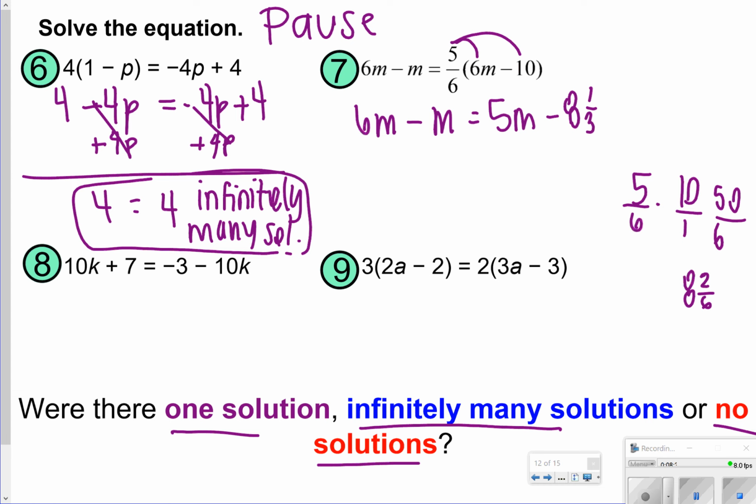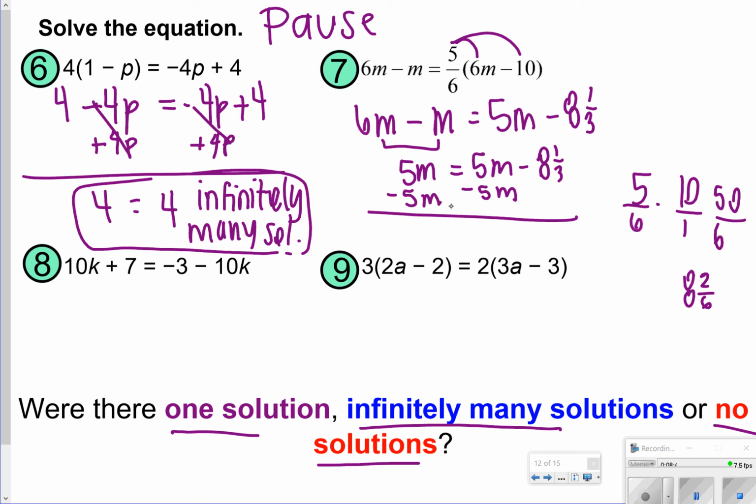Then I can subtract over here, 6m minus m, that's going to give me 5m, is equal to 5m minus 8 and 1/3. And then notice when I subtract 5m to get it over here with the other variable, I'm left with 0 is equal to negative 8 and 1/3. And that is not true, that is no solution. Oops, can't spell today, sorry.